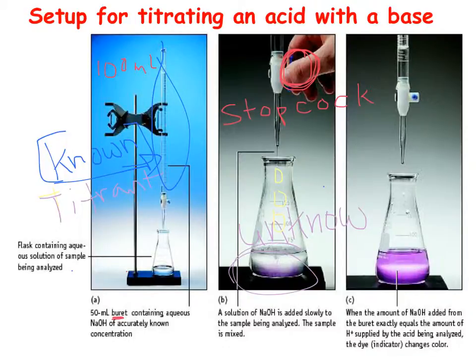B, a solution of NaOH is added slowly to the sample being analyzed, and the sample is mixed. Now, the way you would mix this is obviously either stir it, or they actually have these things called a magnetic stir rod. You drop the little magnetic stir rod in, you turn it on, and it spins it for you. Okay?